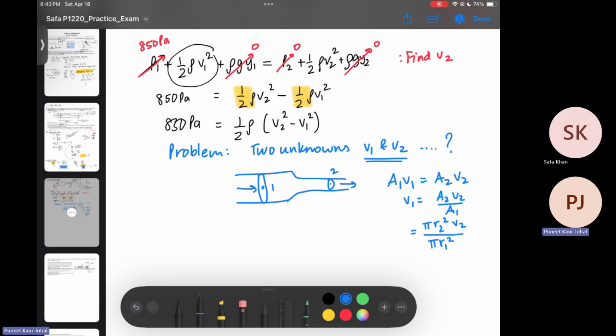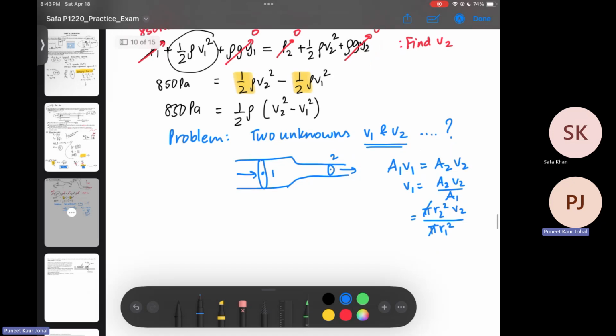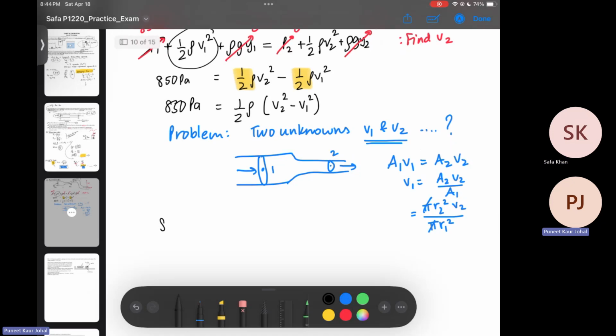And then you can just cancel out your pi's. So when you write this equation, you'll have half rho. You'll have v2 squared, that's fine. But for v1, you can write it as r2 squared v2 over r1 squared.